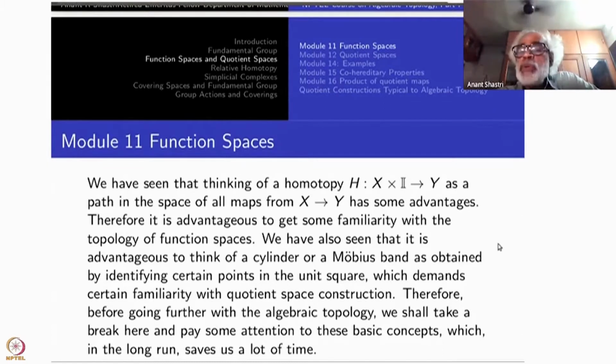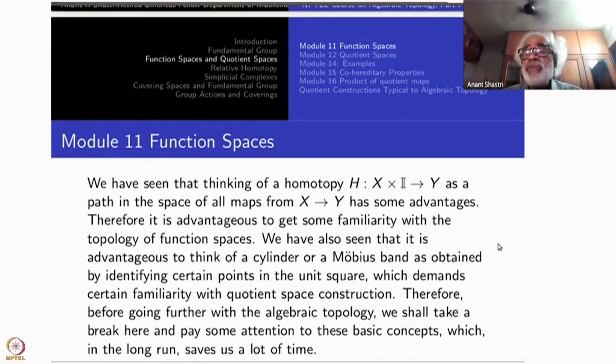But the product topology is not very good because it corresponds to pointwise convergence. What we need is some kind of uniform convergence. And the correct thing one has to cook up is different topologies on these function spaces, depending upon your requirement.